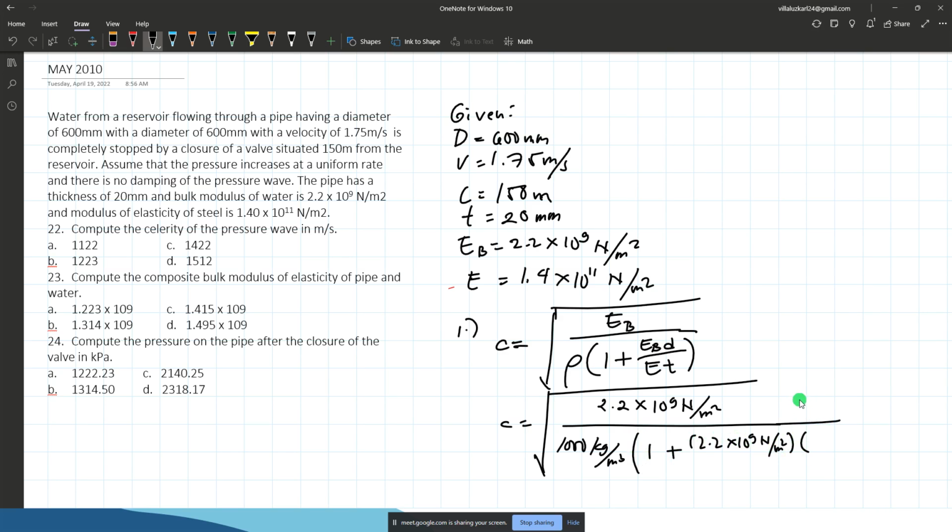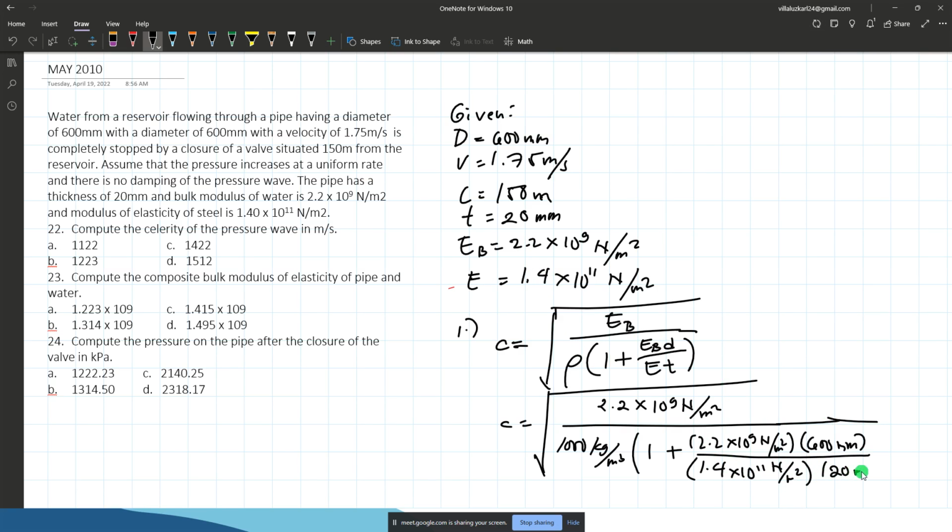How about the diameter? Are we going to use millimeter or meter? It doesn't matter because it will cancel out if we use millimeter for both the diameter and thickness. So I will just use millimeter here. And E is 1.4 times 10 raised to 11 Newton per meter squared, multiplied by the thickness, which should also be in millimeter.